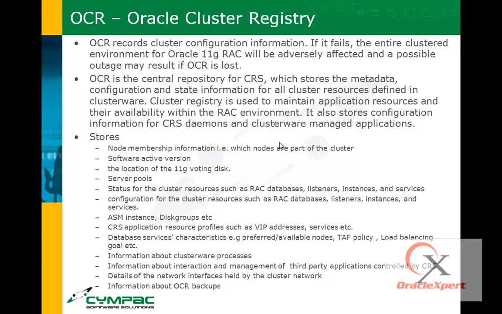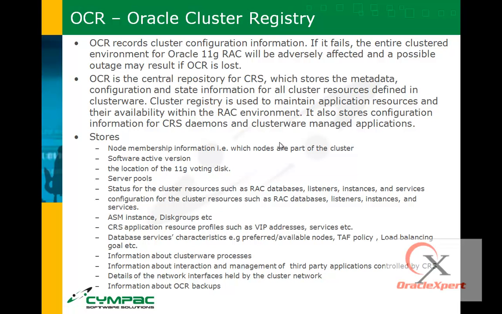What is the chance of us losing it? If one of my ASM disks fails and that disk was not protected by RAID, and I am not using a mirrored ASM disk group configuration, then my OCR is lost. So see, there's too much protection against that. First, it is on ASM. If ASM is mirrored, you need not worry, because OCR would also be mirrored in that case.